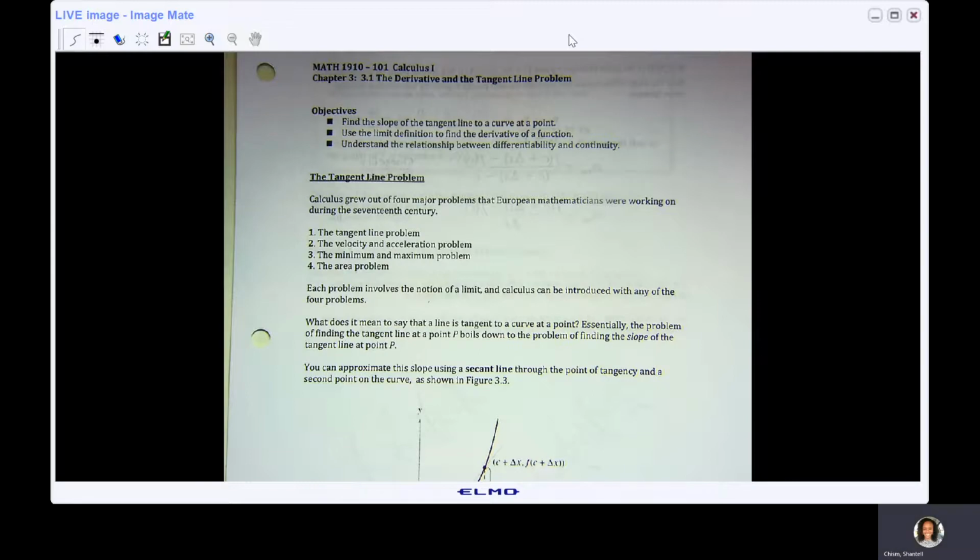And these four major problems are divided, separated by three. We've got the derivative of, each problem involves what it means to say, of the tangent line.